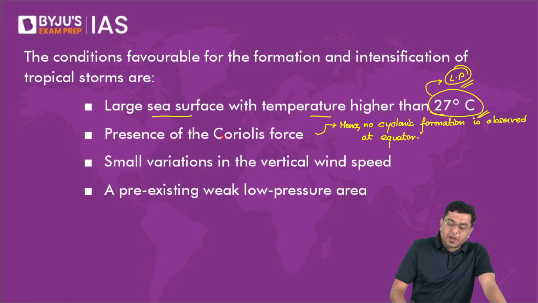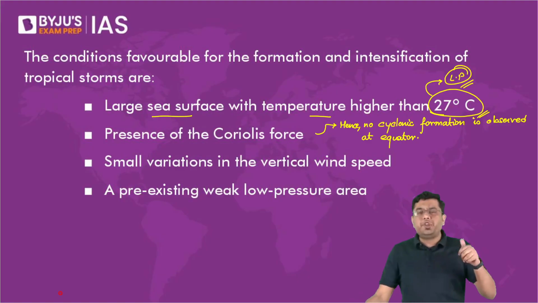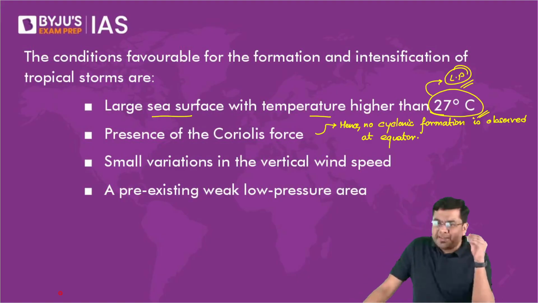Then you have another requirement, that is small variations in vertical wind speed, what is also referred to as wind shear. So that basically represents small variation in vertical wind speed.